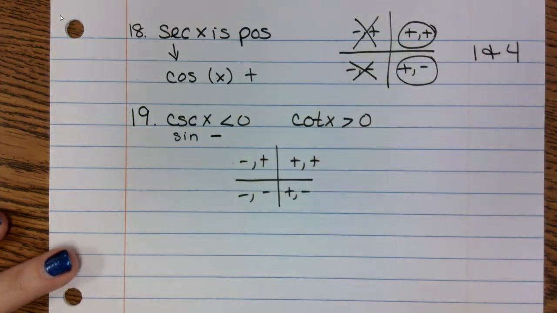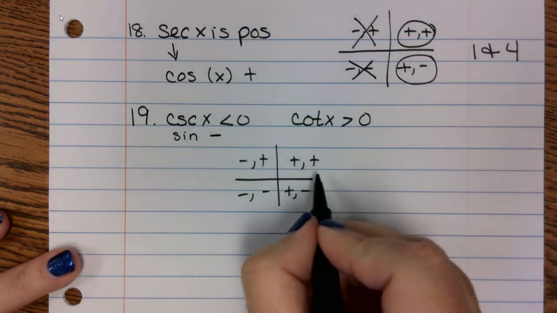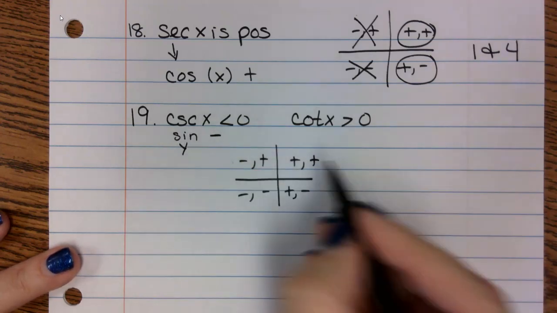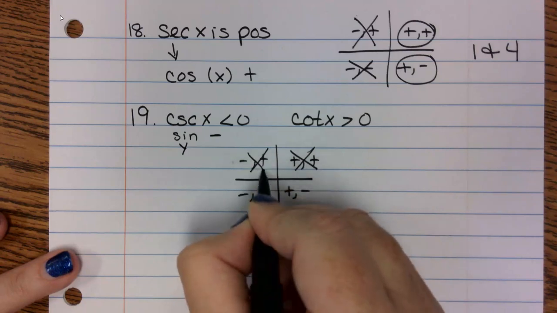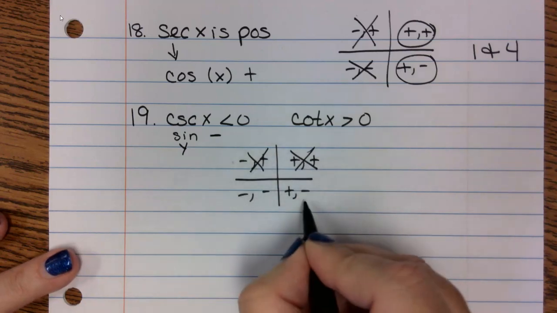Okay, I'll worry about the other one after. So is sine negative here? And sine, by the way, is y. So is y negative? No. Here? No. Yes, and yes.